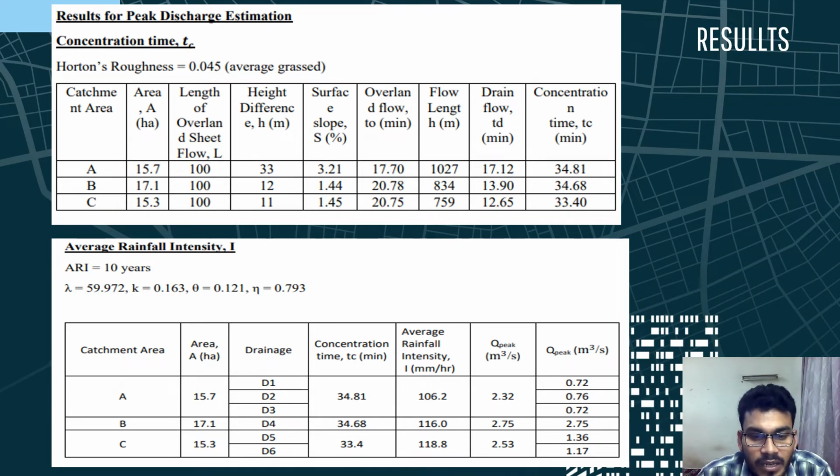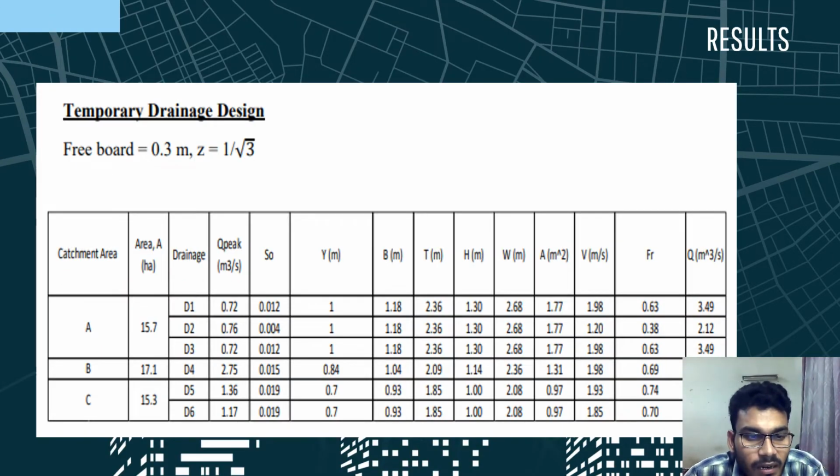For B, peak flow is 2.75, and for C, peak flow is 1.36 and 1.17. In the temporary drainage design, freeboard is 0.3 and Z is equal to 1 by root 3. For the three catchment areas, we get the final discharge in cubic meters per second, as you can see here.